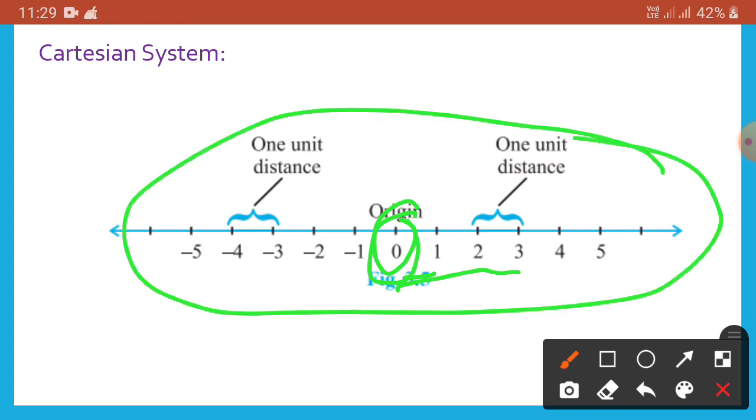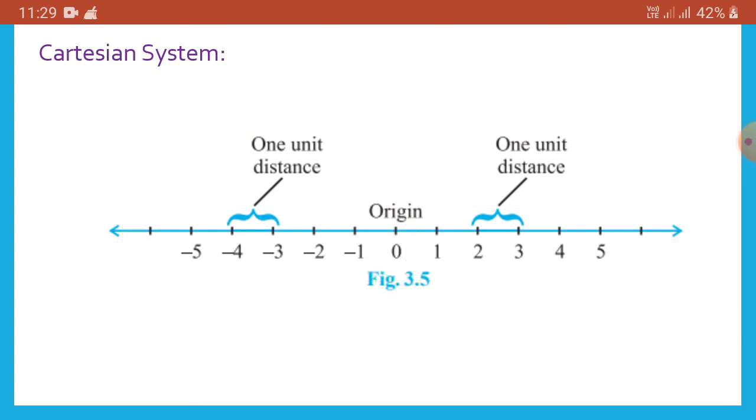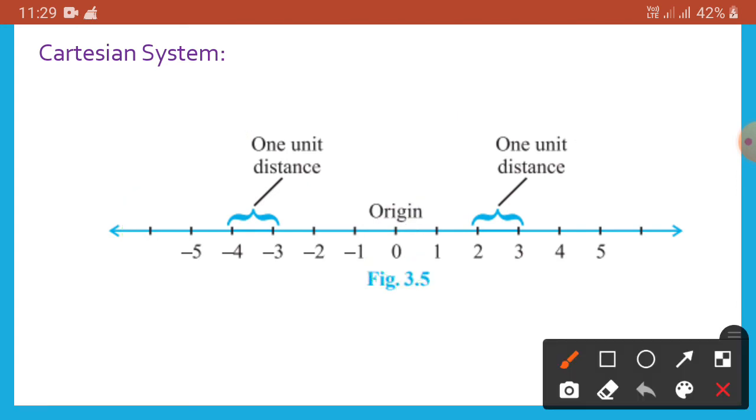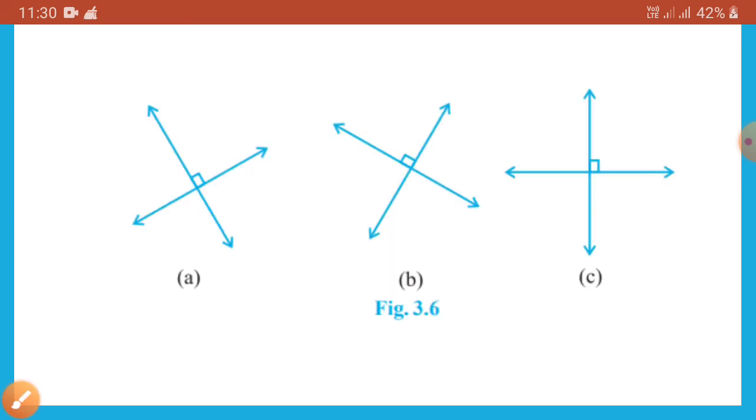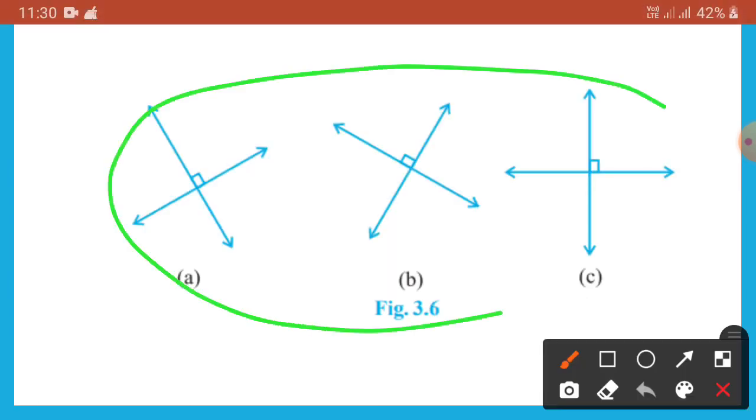Descartes invented the idea of placing two such lines perpendicular to each other on a plane and locating points on the plane by referring to these lines. The perpendicular lines may be in any direction, such as this.